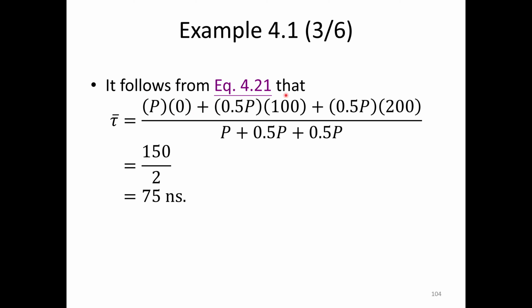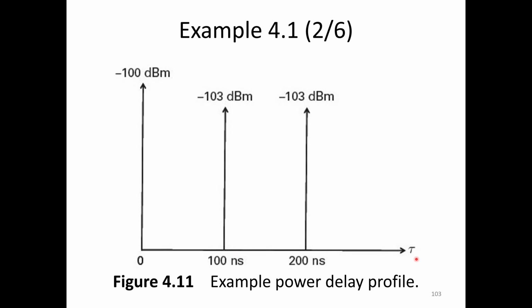For the second impulse, the power is negative 103 dBm, which is 3 dB smaller than negative 100 dBm.